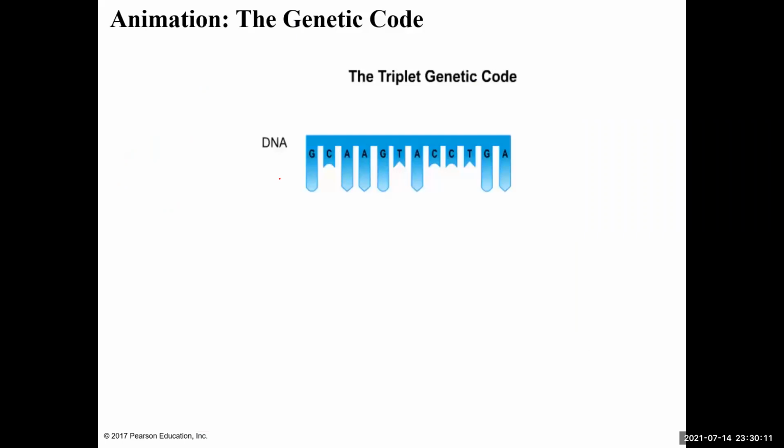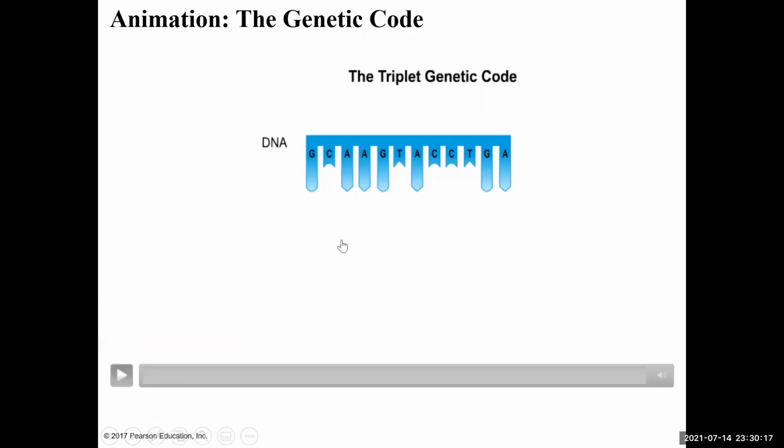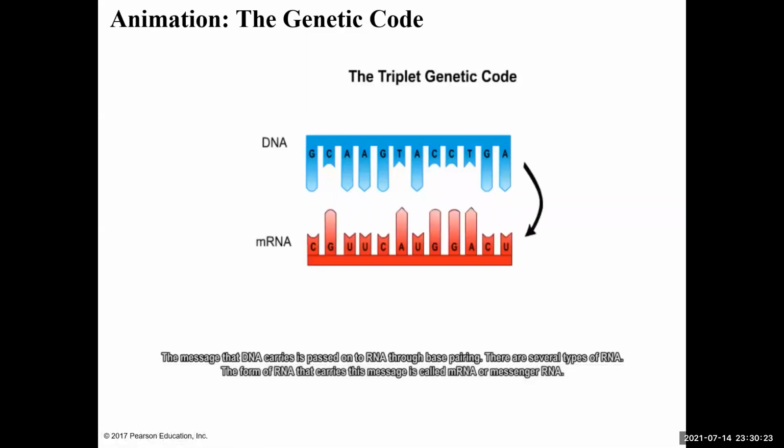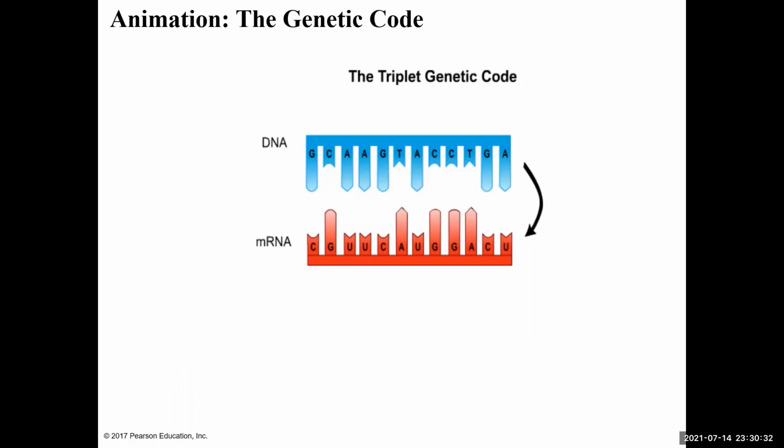All right, so here's an animation looking at the triplet code, so the codon. The message that DNA carries is passed on to RNA through base pairing. There are several types of RNA. The form of RNA that carries this message is called mRNA or messenger RNA.